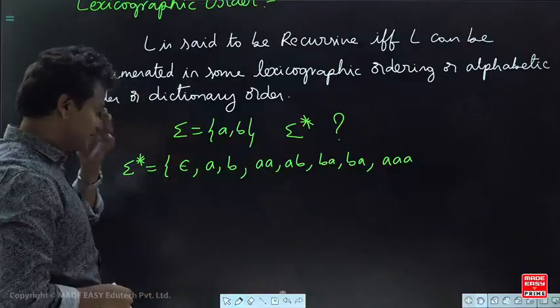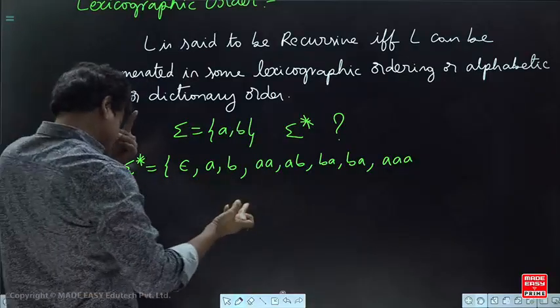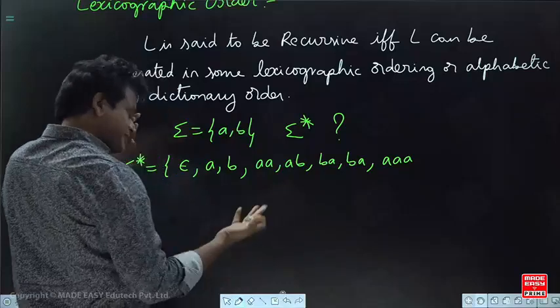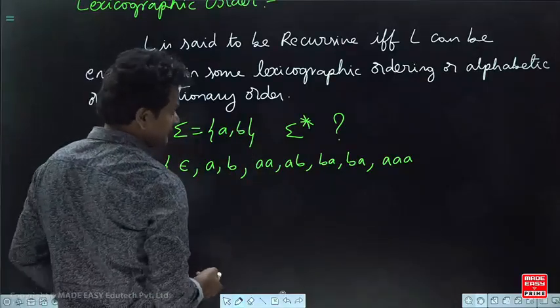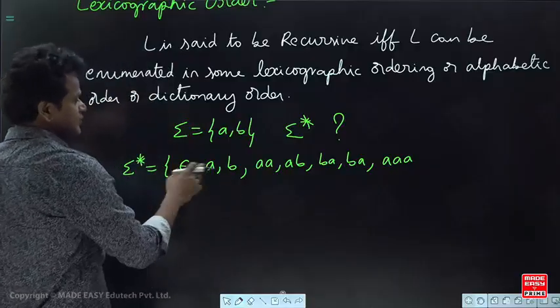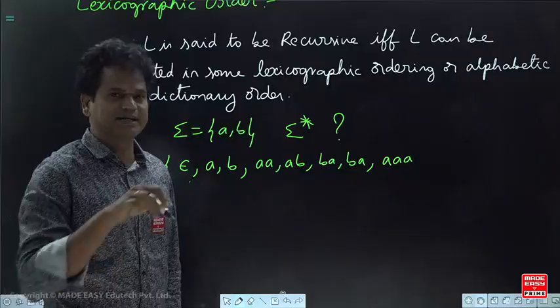Okay, but in a dictionary, the words are finite, but here these are infinite, so how can I write infinite? That is the reason I am going for length increasing order in dictionary order.